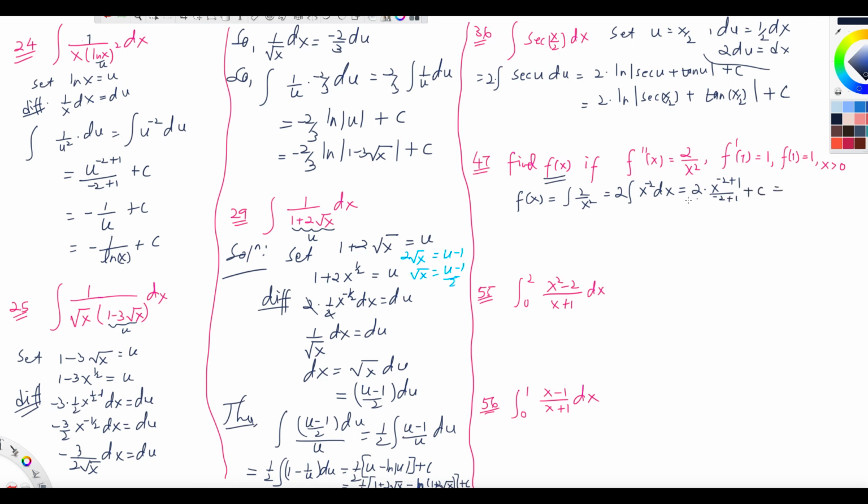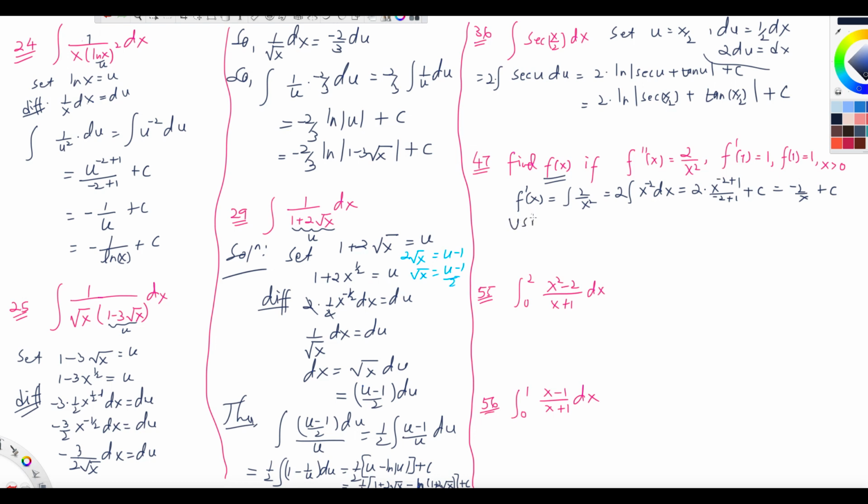So basically you get f prime of x, because there is f double prime, right? When you integrate, one derivative cancels out and only one derivative is left. So 2, and then this is negative 1 on the denominator, so I wrote negative 2 there. x to the negative 2 plus 1 will be x to the negative 1, so you can write negative 2 over x plus c.